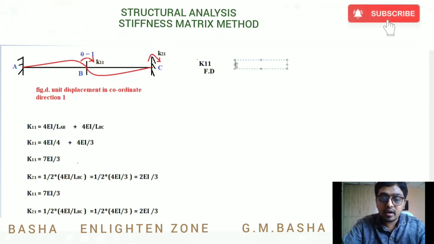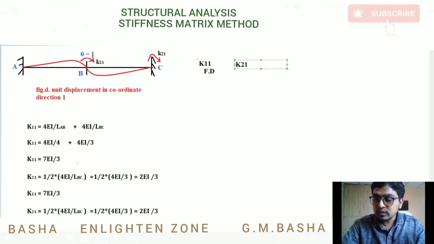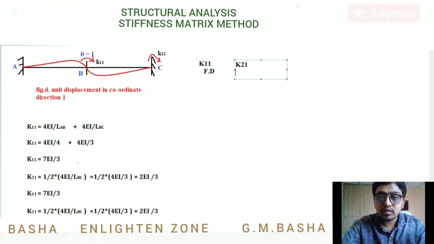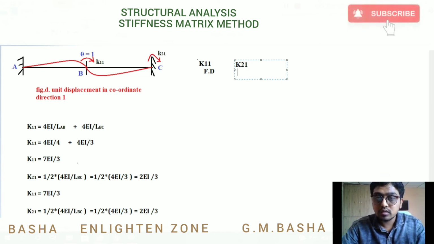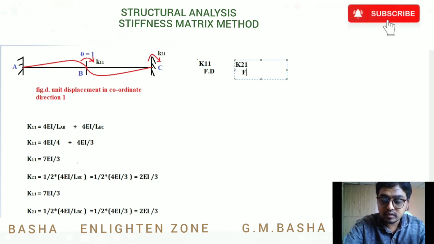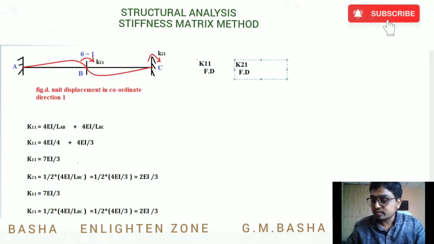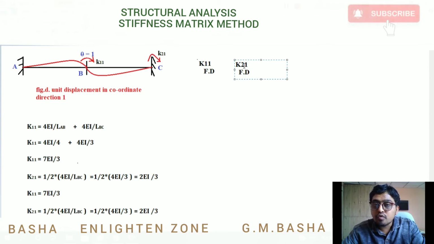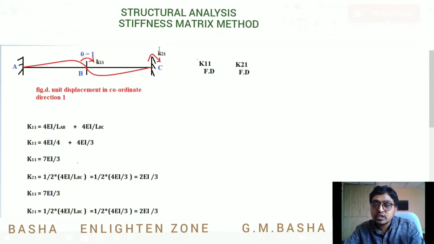Then move to the K21. Similarly, you mention that one, F and D. What about these two? Force at the second coordinate direction when the displacement is at the first coordinate direction.